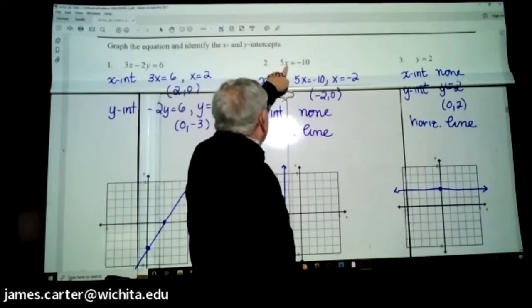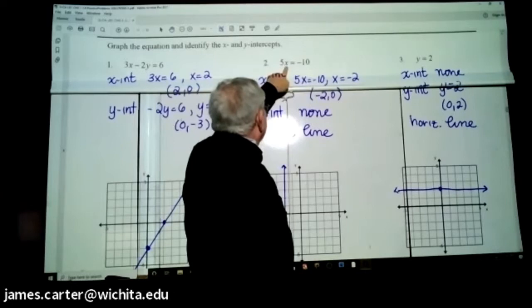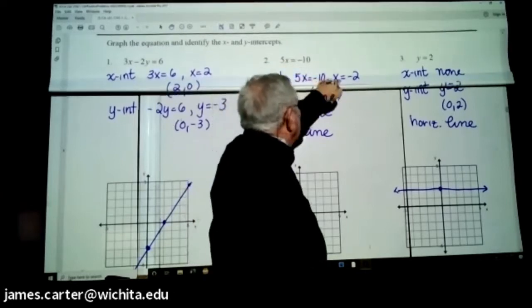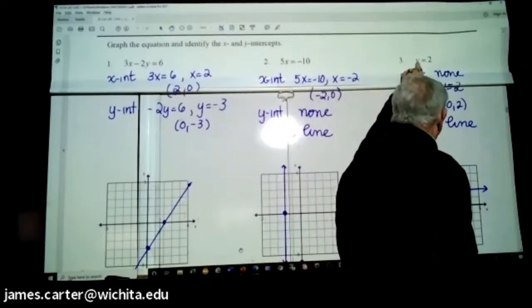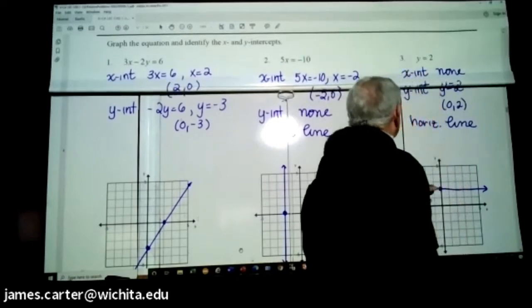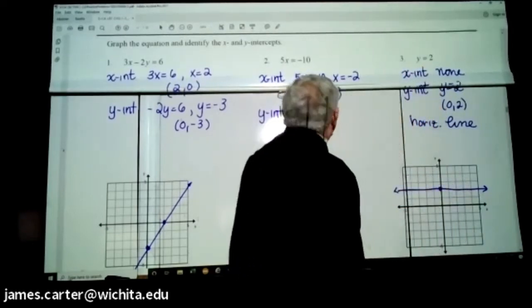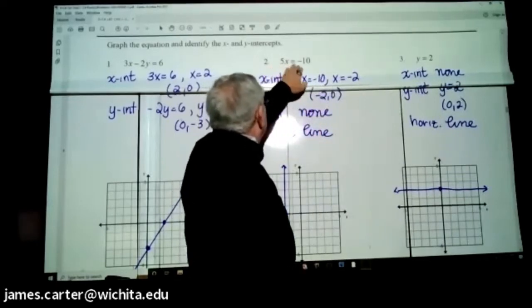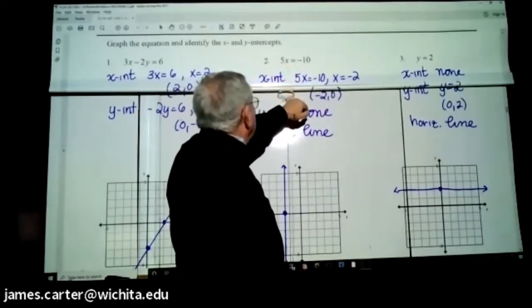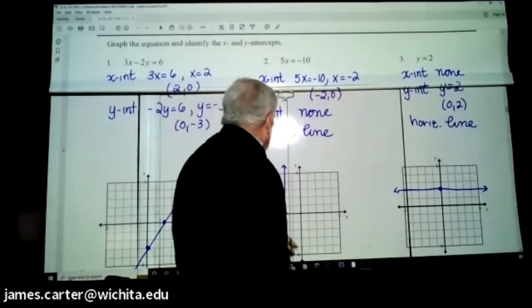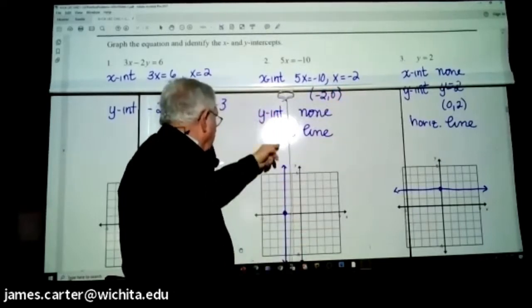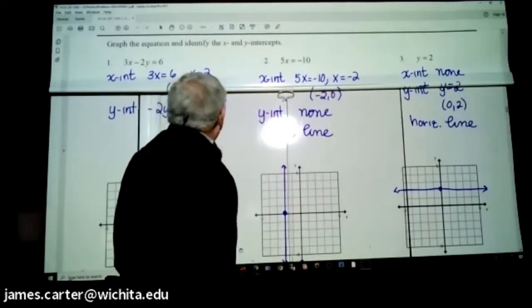If they only give us x, no y, then it's a vertical line. If they only give us y, no x, then it's going to be a horizontal line. In this case, at 2. In this case, divide both of these by 5 and you get x equals negative 2. So over 2 and a vertical line.